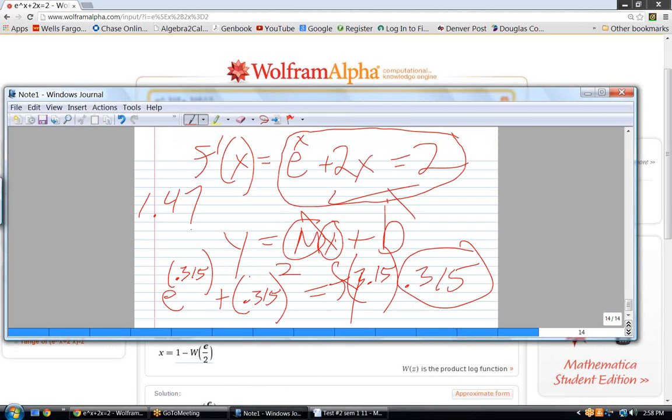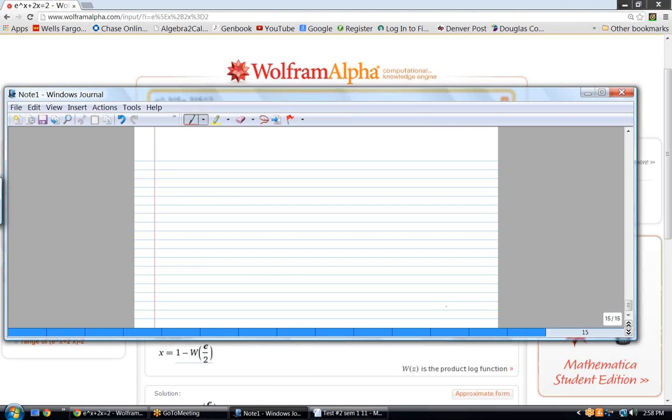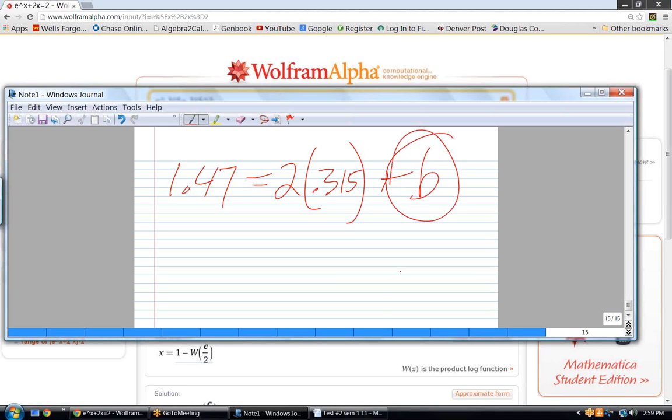So in my original function, 1.47, the y, equals the slope times the x, 0.315, plus b. Now I can solve for b, and I'm going to have my answer.